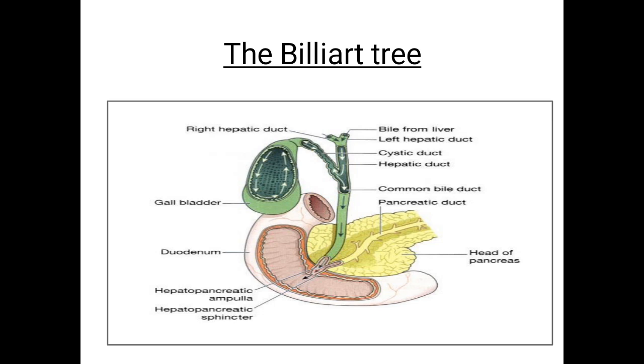Bile will flow through the cystic duct into the common duct, and together with pancreatic juice, it will pass through the sphincter of Oddi, or the hepatopancreatic sphincter, and be emptied into the intestine, where it emulsifies fats and does all those functions. That's the flow and production of bile.